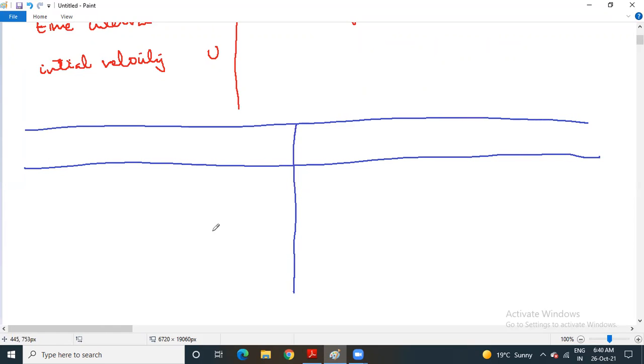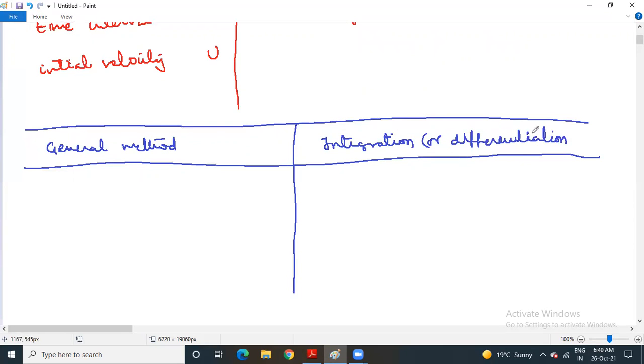Okay, so this is general method, either following integration or differentiation.